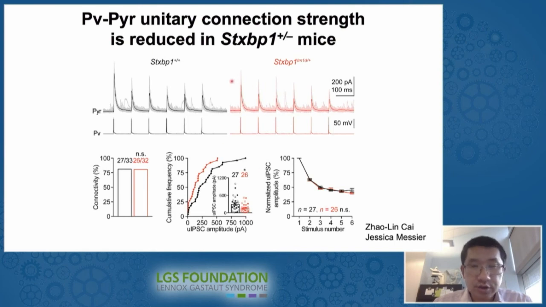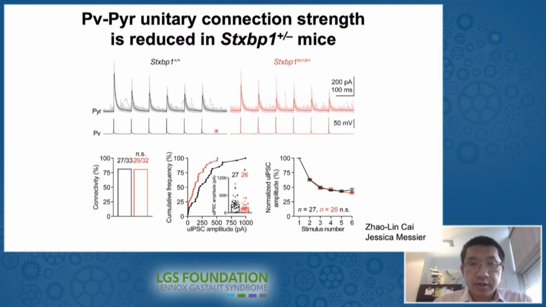However, the strength of this connection, or the size of this unitary IPSC, is actually reduced about 30% in the mutant animals. As you can see, the average here, and this is the cumulative frequency as a function of the unitary IPSC amplitudes.